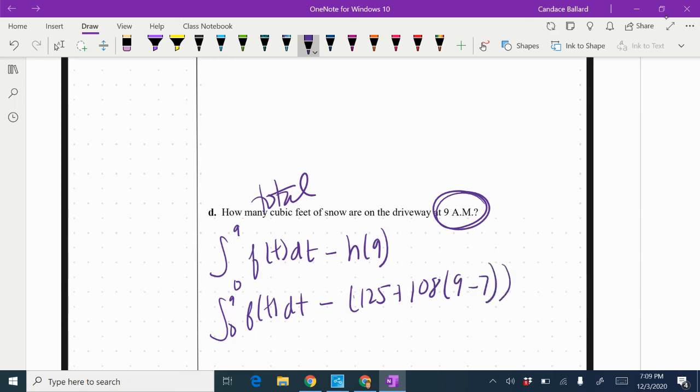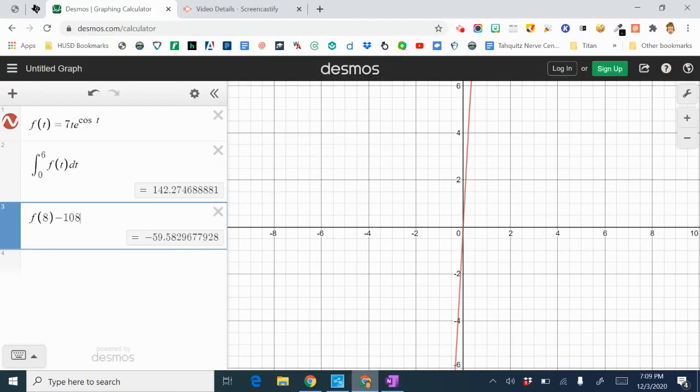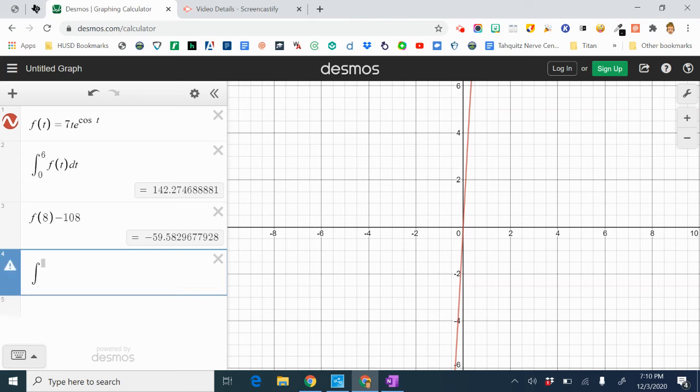Then we're going to put that whole thing into our calculator, in this case Desmos. So I'm going to type in the integral from 0 to 9 of f of t dt, and then subtract, using some parentheses, 125 plus 108 times 9 minus 7.